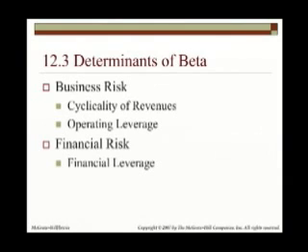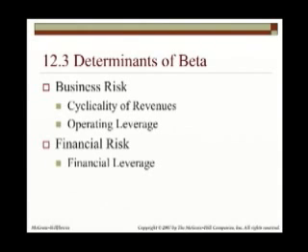For example, if a 10% change in sales causes a 20% change in earnings before interest and taxes, then we would say we have operating leverage. Operating leverage is caused by fixed costs. So the more fixed costs we have, the more operating leverage we have, and the more widely cyclicality will affect our revenue stream.